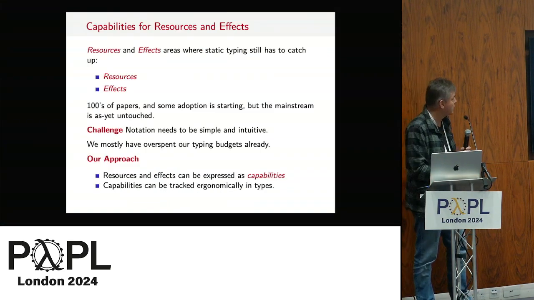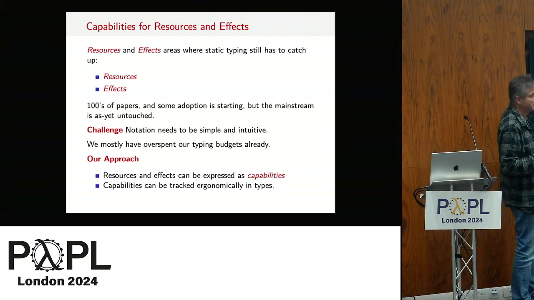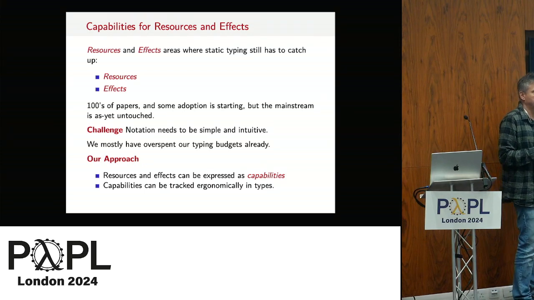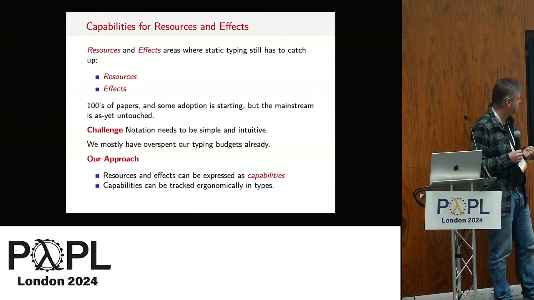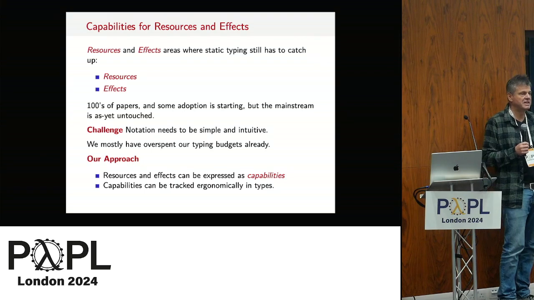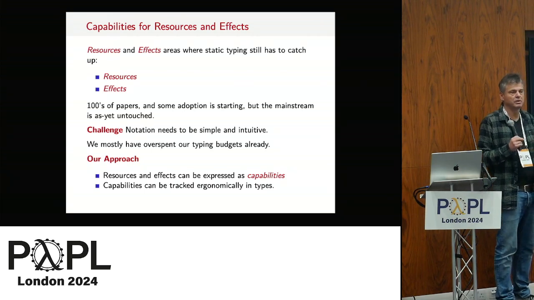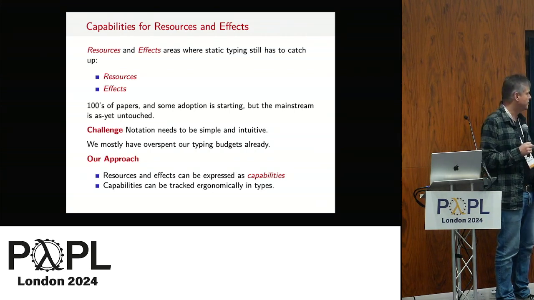Okay, so we're talking about capabilities for resources and effects, and the challenge that we have is to be actually adoptable in a language like Scala. The notation needs to be really, really simple and intuitive. So there should be next to no overhead for introducing these things.